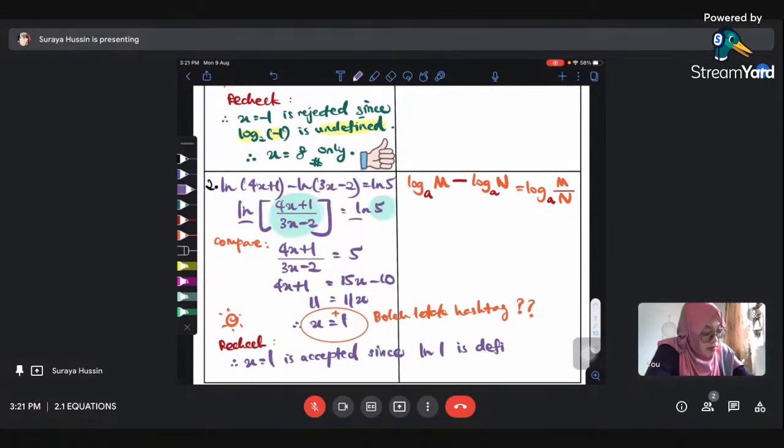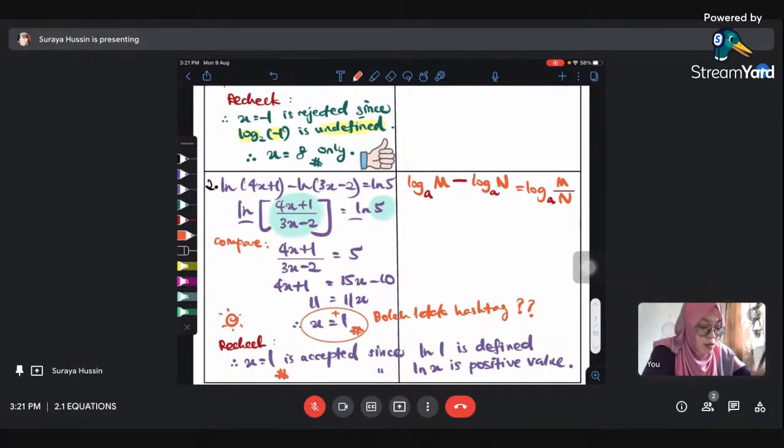Because ln x, okay, ln 1 is defined ataupun you boleh letak since ln x is positive value. Selagi mana ln ataupun log dia positive value, you have to accept it. The answer is literally accepted.